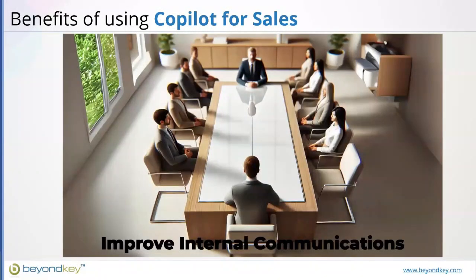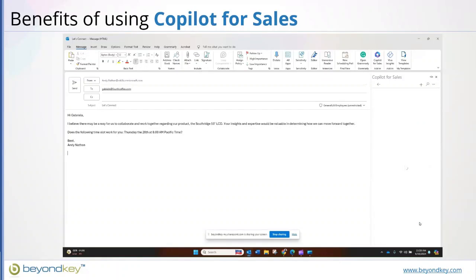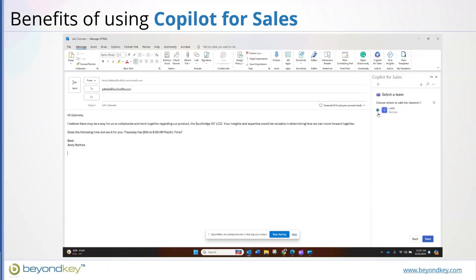Finally, what if you don't want to just use this for improving your external communications? Taking that same email, we now want to set this up and add this to Teams so our internal team can talk about it. You could either set up a new deal room, use an existing team, or create a new team. This way we use the same channel that we have right now, so that we can connect with the people on our team to talk about this deal as well. You do have to change the channel name a little bit because it's over 50 characters.